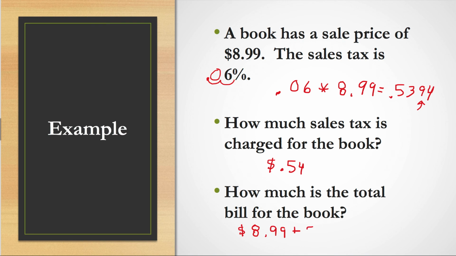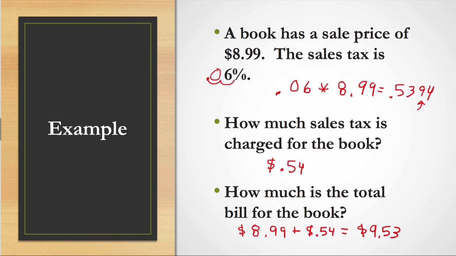So we add these two numbers together, and that will give me my total. $8.99 plus 0.54 gives me a total of $9.53. The only tricky part about these problems is that you really do have to pay attention to what they're asking for. Are they asking for the tax or are they asking for the total?